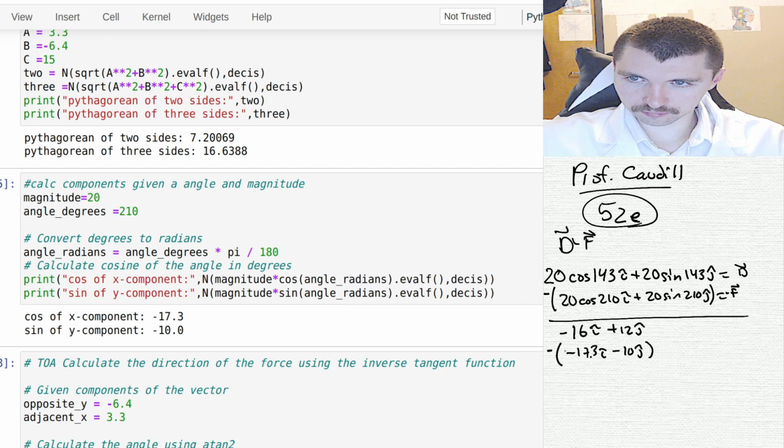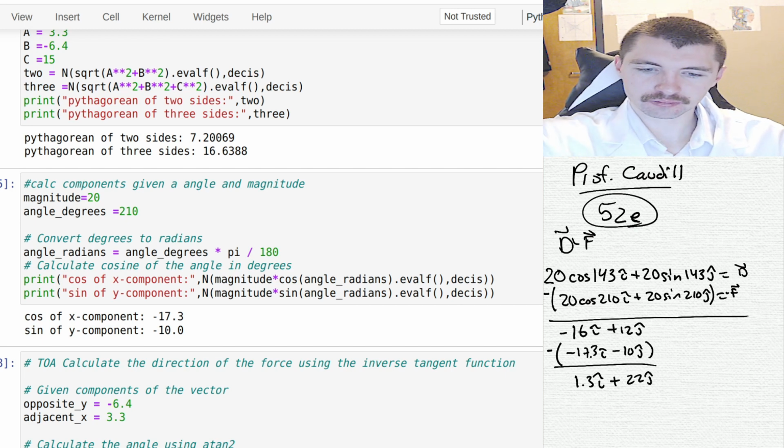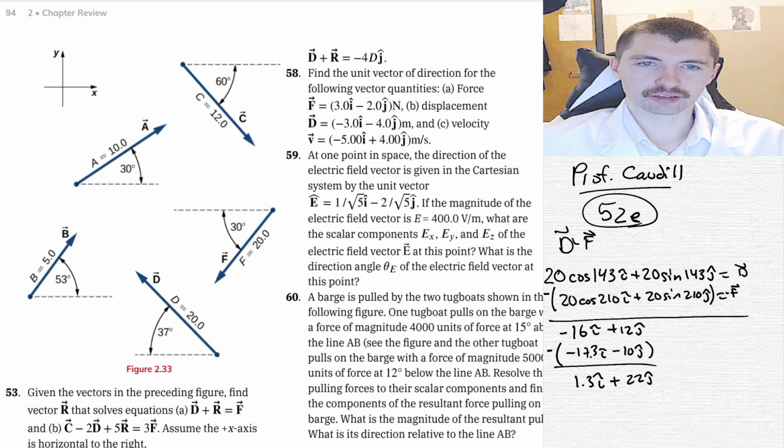So this will be 16 plus 17 is 1.3, 12 minus 12 plus 10. 12 plus 10 is 22. Okay. So that is our answer.